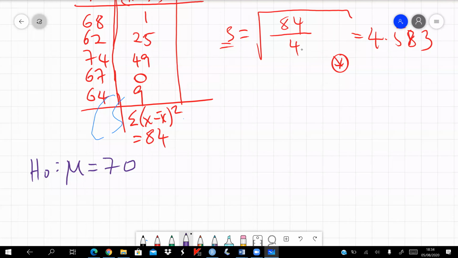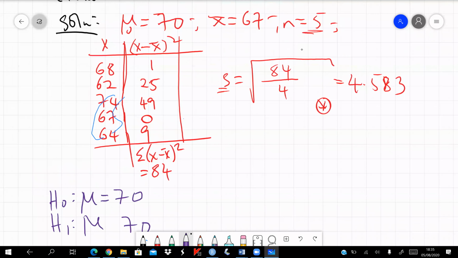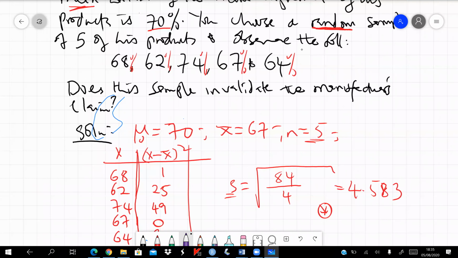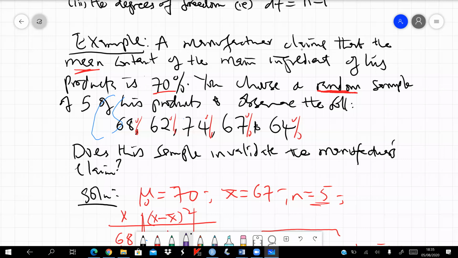We need to take H1, which will be mu. What are we testing here? What is the question? What is the nature of the alternative hypothesis to answer this question?